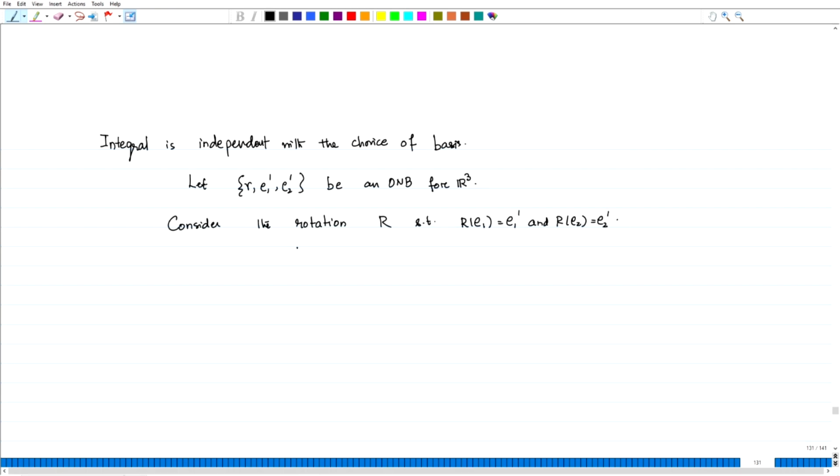Therefore, if u equals u1 e1 plus u2 e2, we denote Ru equals u prime.